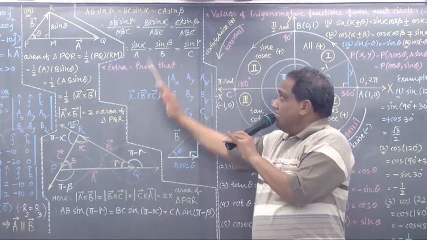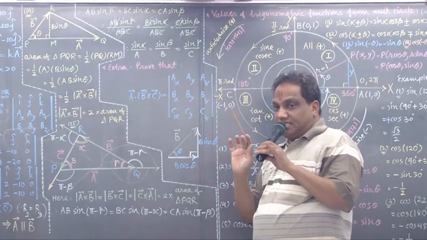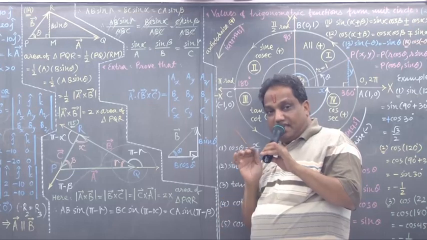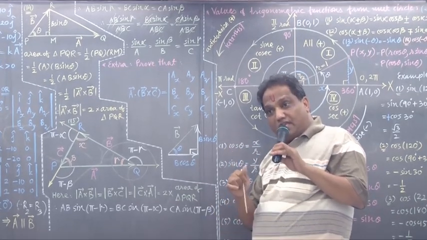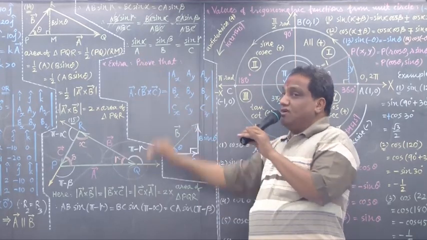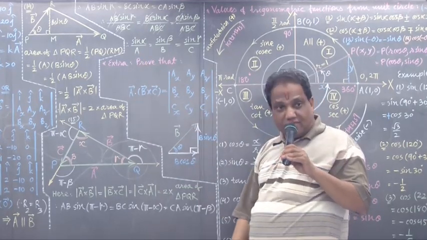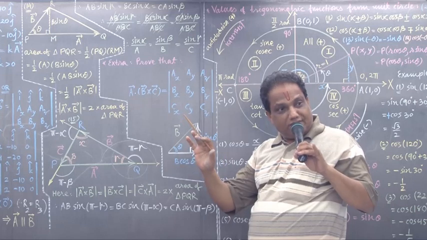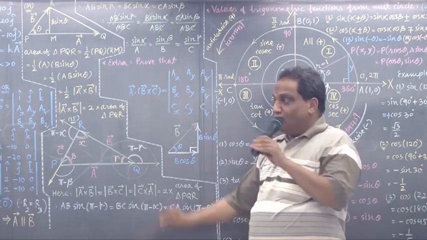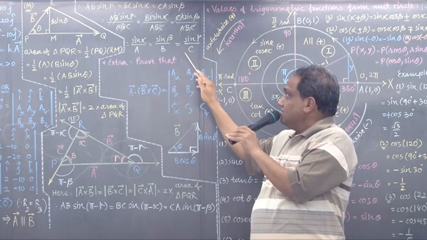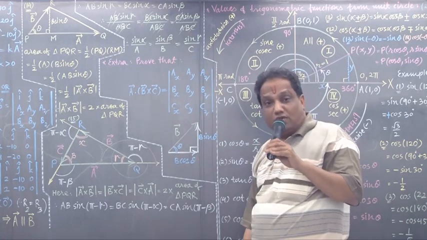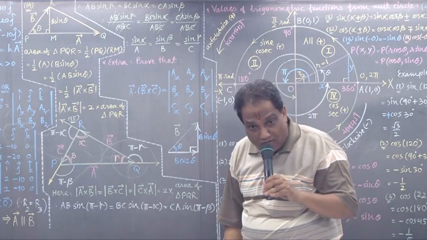Correct? Ratio of sine value of any inner angle of a triangle to the side opposite to that angle remains constant. Whatever this ratio is, the same is this ratio, the same is this. Such a rule is called the sine rule.